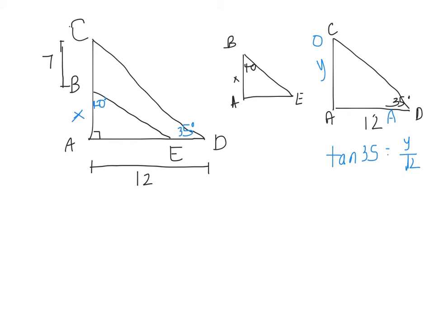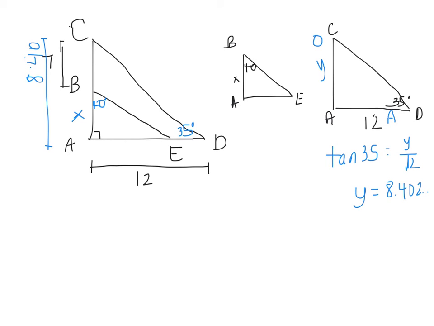I get 8.4. Y is 8.4. There's of course a bunch of other digits there, and I would use all of them. 8.402, and it keeps going. So now I know that that entire side, all the way from C down to A, is 8.402.